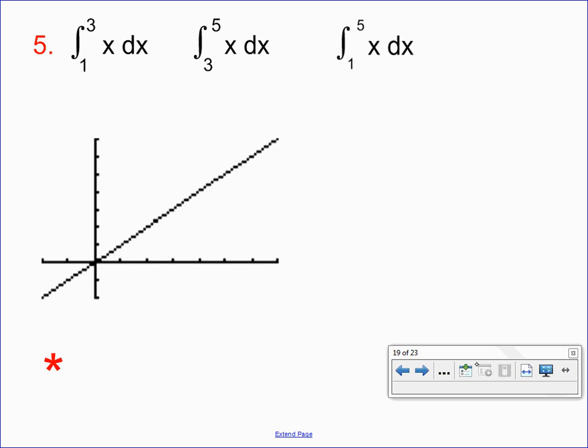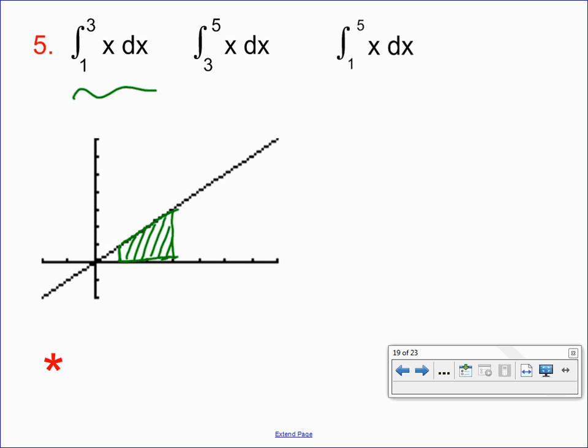Okay, let's go ahead and break up our pieces then. It looks to me like we've got the integral from 1 to 3 of x, and then the integral from 3 to 5, and then the integral from 1 to 5. And so let's go ahead and do the green part here. 1 to 3 would be start at 1 and scan towards 3, and that would be this quantity here.